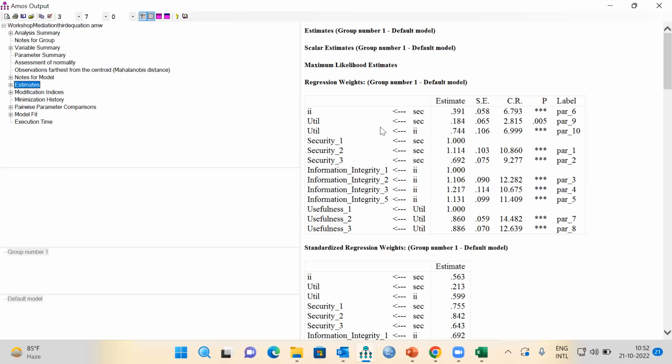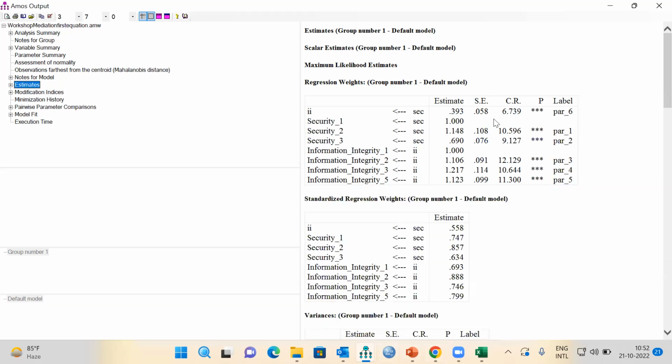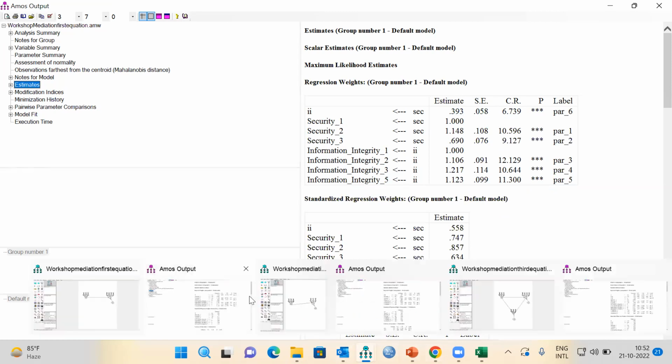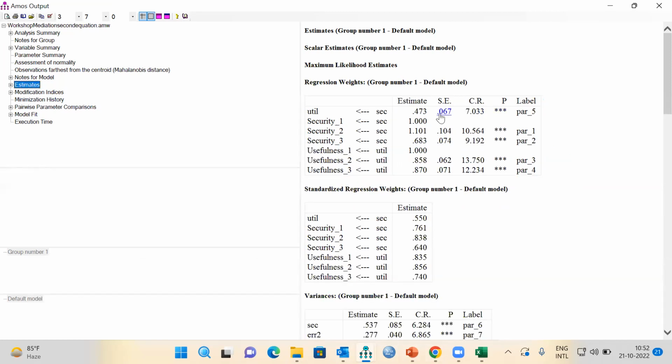When you directly looked at the relationship between the X and M, it was significant, which is this value, 0.393, and it was significant. Then the direct path was also significant, 0.473.